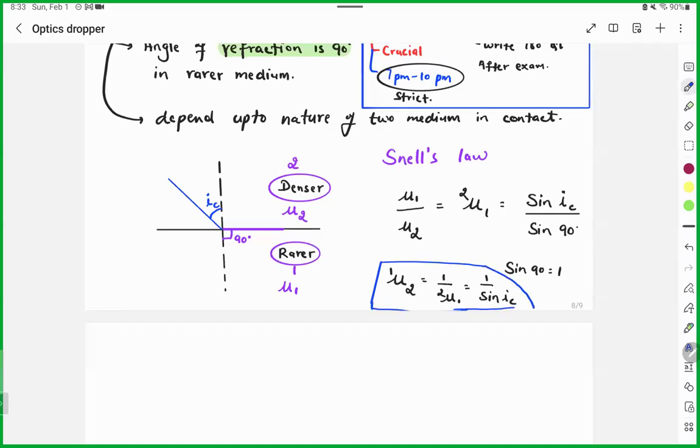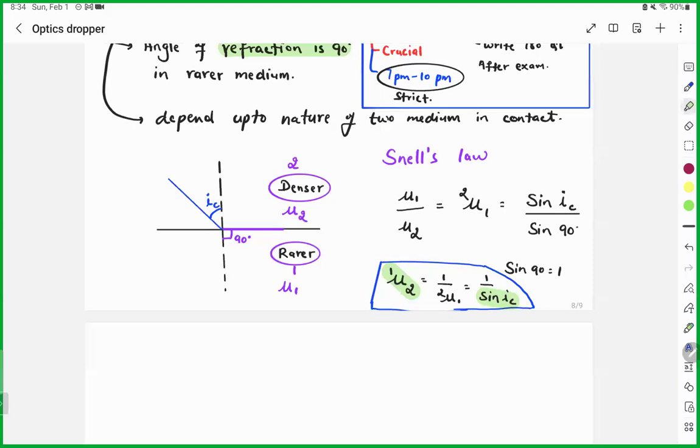Very, very, very important. Why? Because most of the time you will calculate only nu 1 2, which is 1 by sine IC. Because whenever you measure, your refractive index value should be greater than 1.